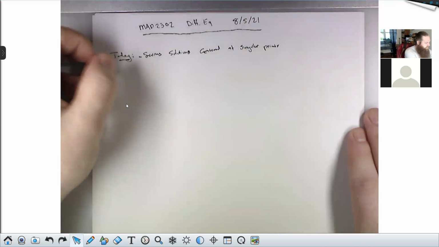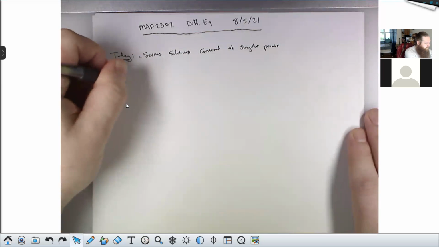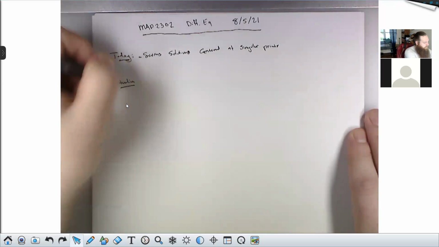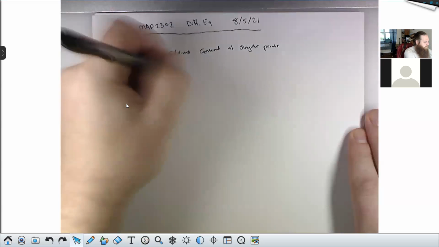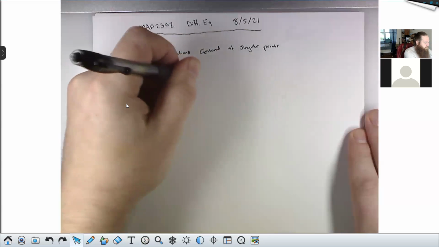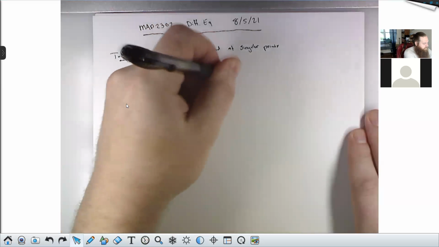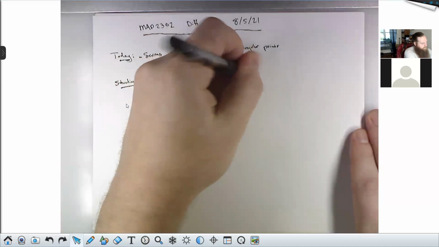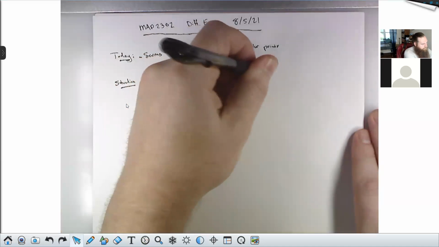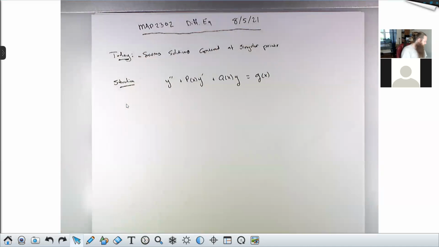And the basic situation: you've got y double prime plus p of x times y prime plus q of x times y equals something. And you have a regular singular point about which you want to center your power series solution.